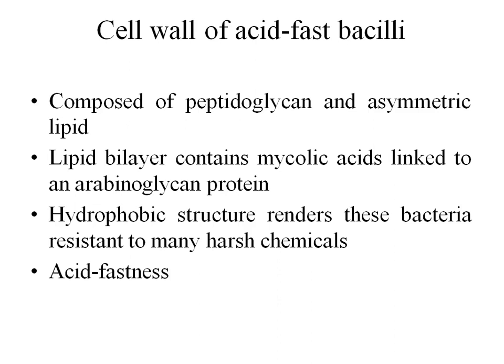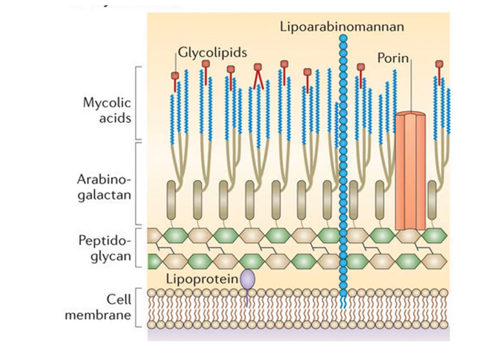The lipoarabinoglycans are hydrophobic and they render the acid-fast bacteria resistant to most harsh chemicals, and this is also the structure which gives the acid fastness to the bacteria. So we can see the acid-fast cell wall.